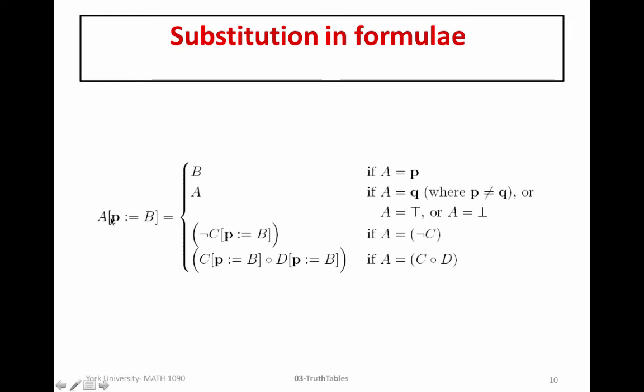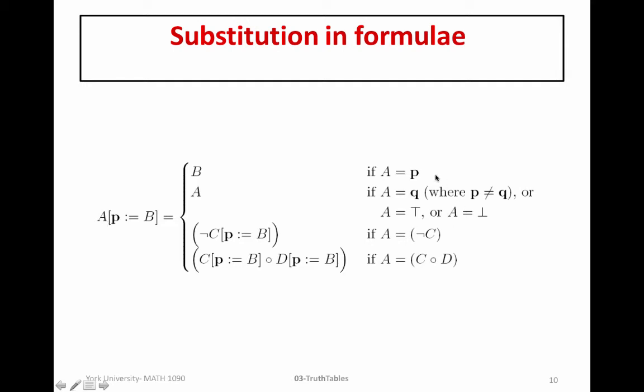So here is a multidimensional definition. In order to formally define this operation, we need to define how to apply it at each stage of a formula calculation. That's what's happening here. But essentially all you need to think of is whenever you see P in A, you replace it by the formula B. So let's see exactly how that works.